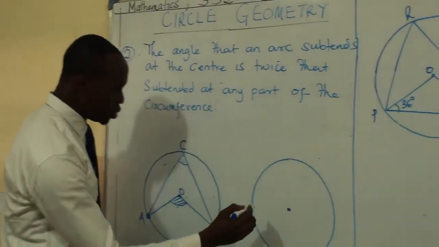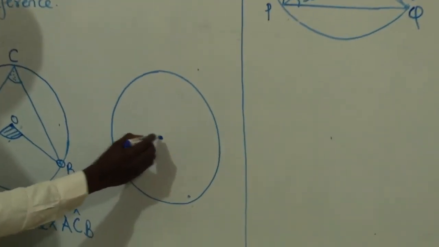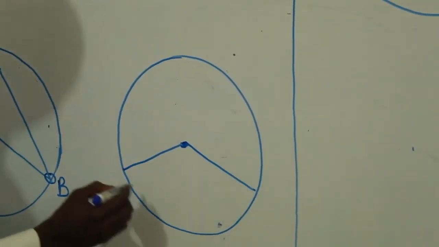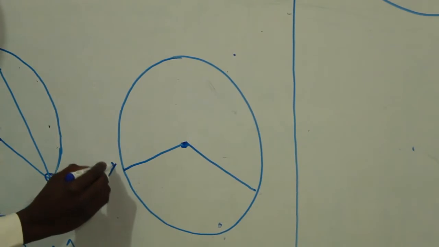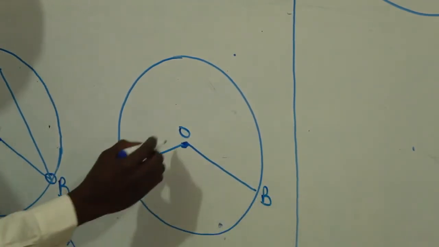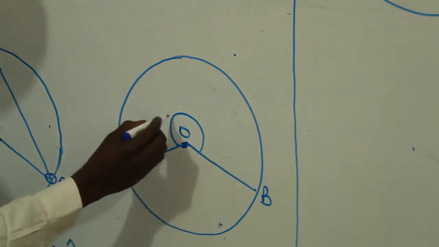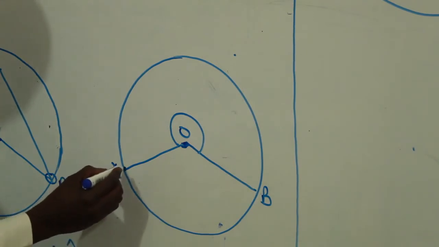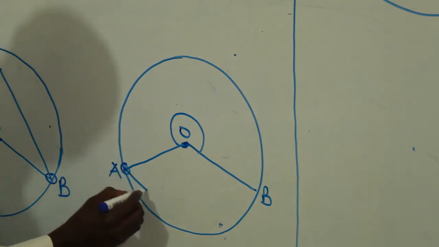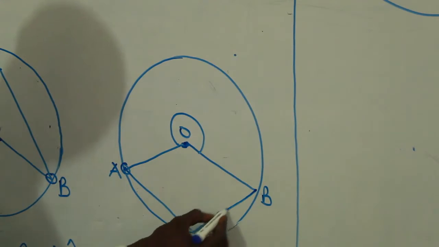Of course, I can draw this theorem in another way. If I draw a line from one part of the circumference to the center of the circle and to another part, and I still label this as A, O, and B, the reflex of angle AOB is 2 times the angle that will be formed if I draw a line from this point down to this part and come from this part to this one.